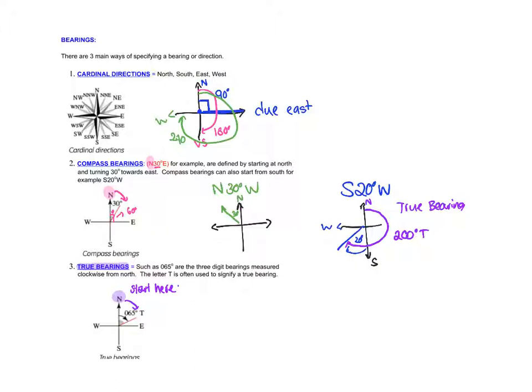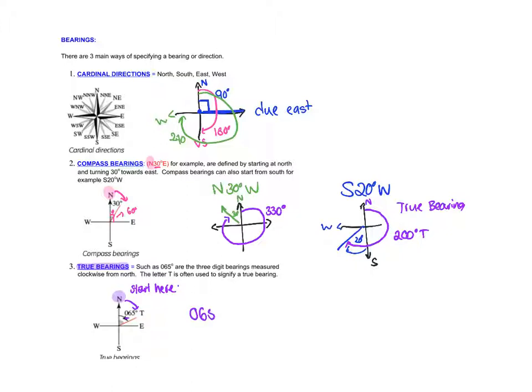If I did this one, I've started at north, I've gone all the way around, and I'm 30 degrees short of a full circle, which would be 330. Can you see that? Because I know 360 minus 30. And notice, looking at their example down here, when they've only gone 65 degrees, they've put a 0.